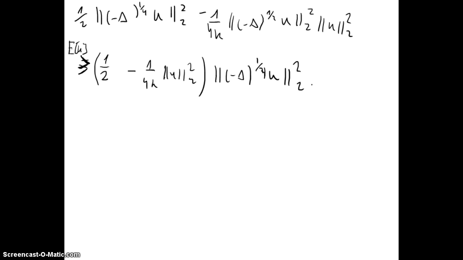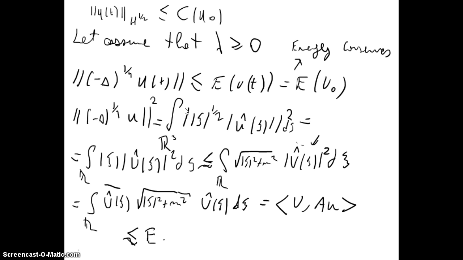than this. So if we want to obtain a bound just like we did with the defocusing case, we have to have a bound in terms of the norm of Laplacian to the 1/4. So for that to happen, we will have to ask that u naught, in the L2 norm squared, be less than 2k, because if this is 2k, then we will have 1/2 minus 1/2, and it will be 0, but we will not have a bound that depends on this.